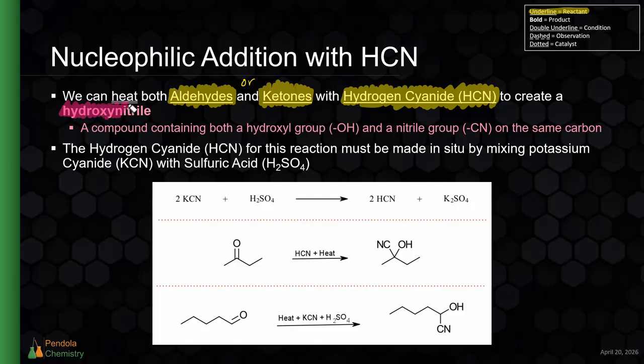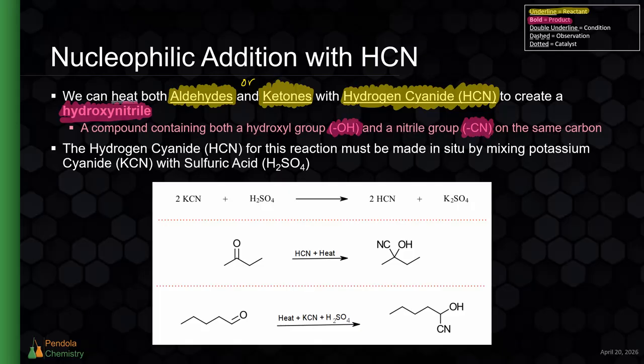Now, hydroxynitriles are a very interesting compound because they have two functional groups. They have the hydroxy functional group, which is essentially an alcohol, an OH, and they have the nitrile functional group, which is the C triple bond N functional group.